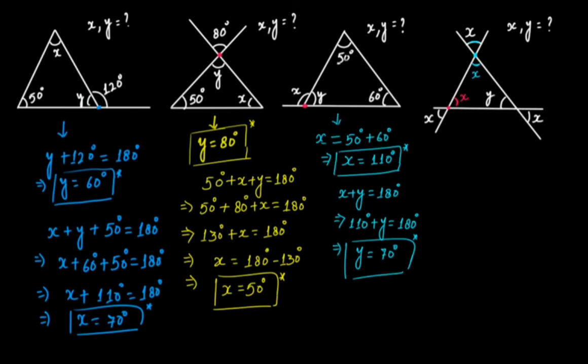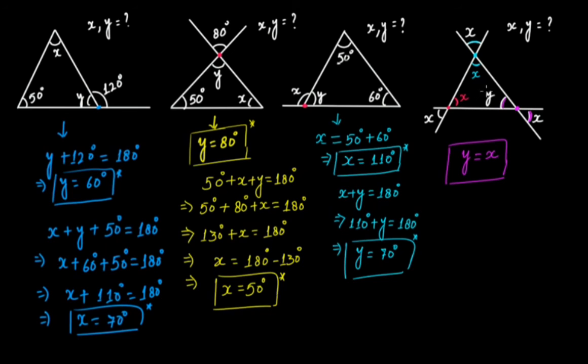Okay, now focus around this vertex, this straight line, and this is another straight line. So this angle and this angle, these two angles are actually vertically opposite angles, and vertically opposite angles are always equal. It means that Y is equal to X. This is very important. Now since Y is equal to X, you can very easily solve it.